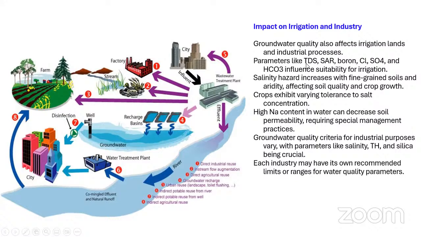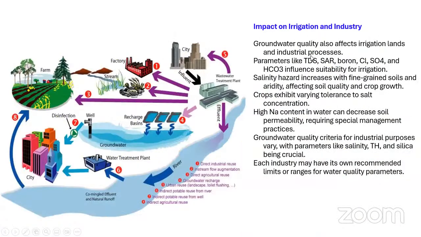And parameters like we have been discussing: TDS, SAR, boron, chloride, sulfate. I want to repeat again, this is total dissolved solids, and SAR means sodium absorption ratio, which may decide the agricultural suitability of groundwater.